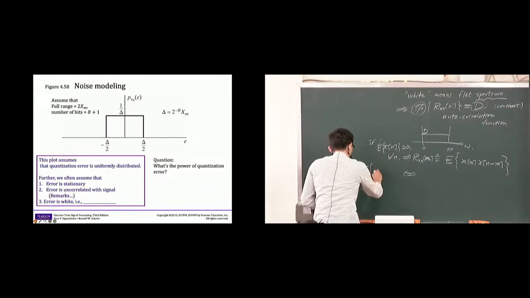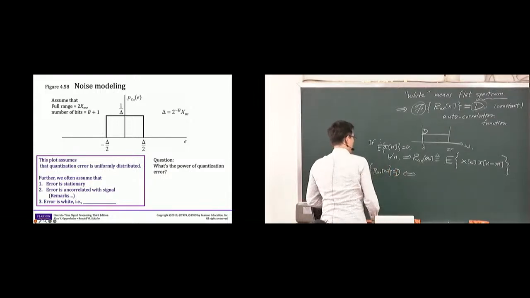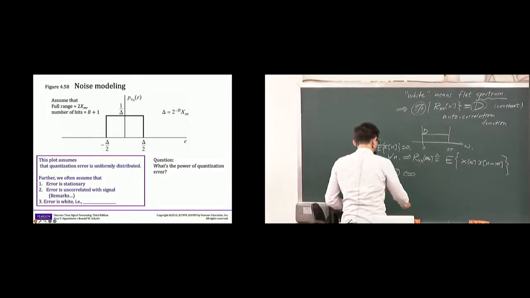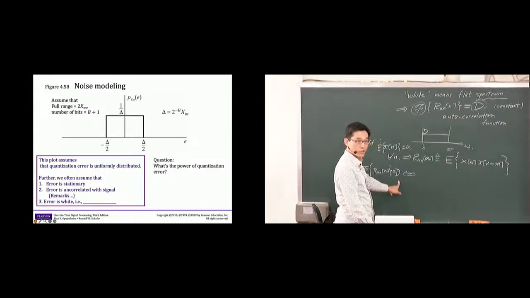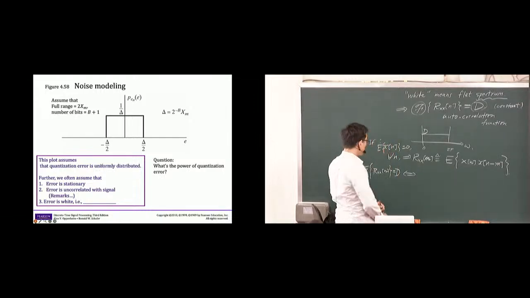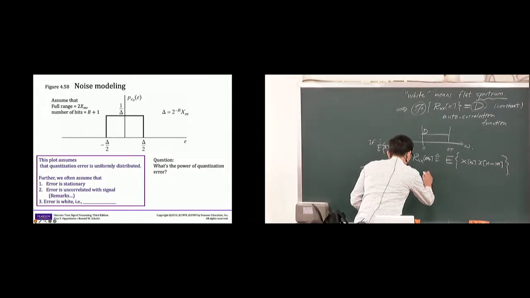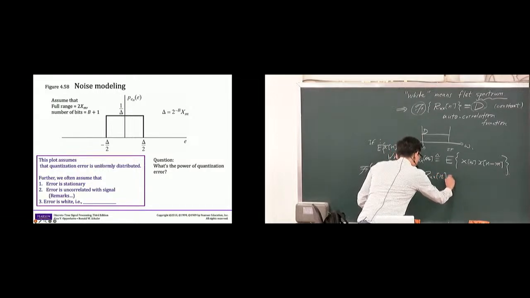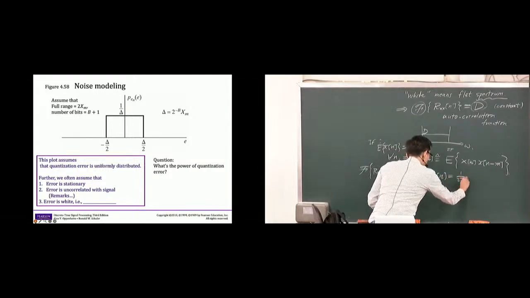So in other words, if the Fourier transform of the autocorrelation function of x, which is the DTFT, is a constant d, then there might be a factor of 2 pi, but you can apply the inverse Fourier transform to figure out the autocorrelation function. This is a Fourier transform pair, right? So by inverse Fourier transform, we know that Rxx of n should be 1 divided by 2 pi, take the integral.